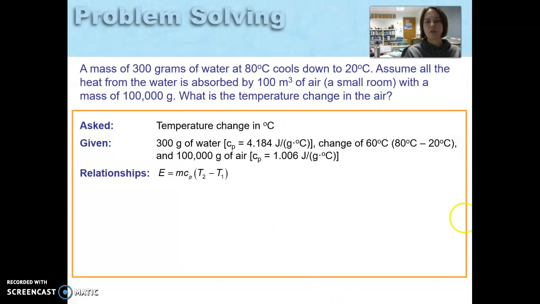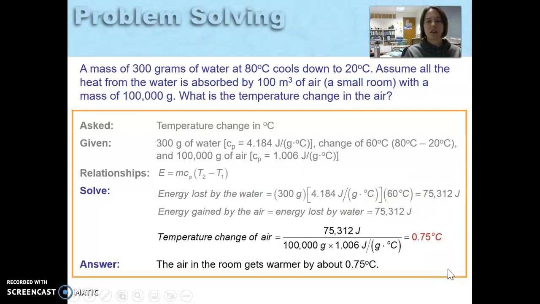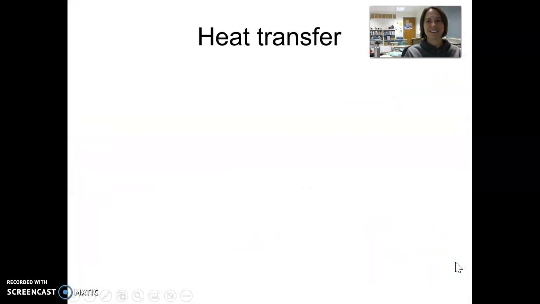Okay, kind of going through, that is what the book did: those amounts of energy are the same, and then solving for that, they got 0.75 degrees Celsius, just like us.